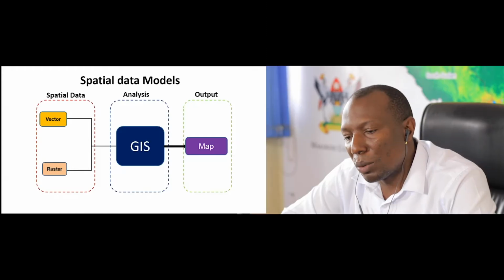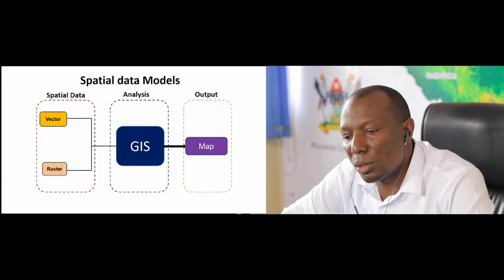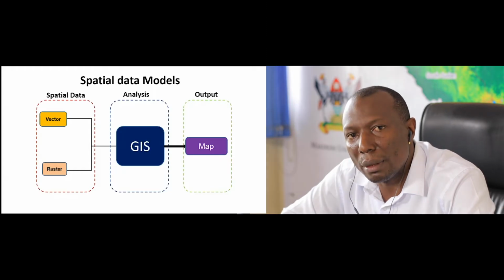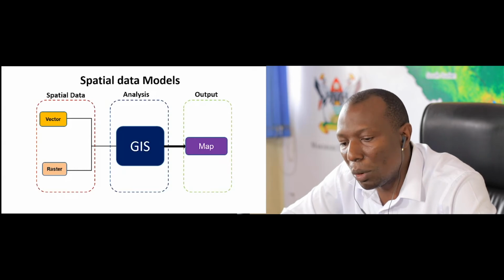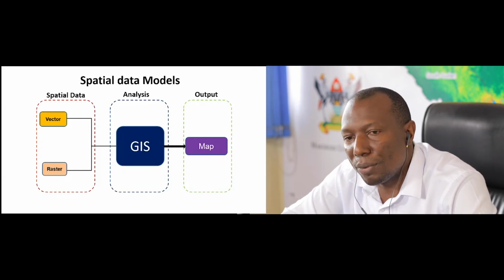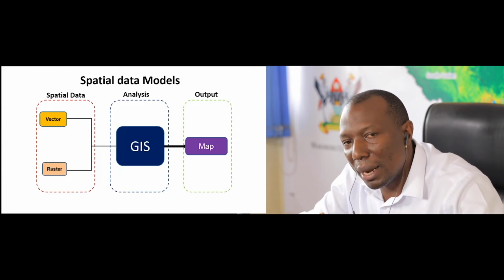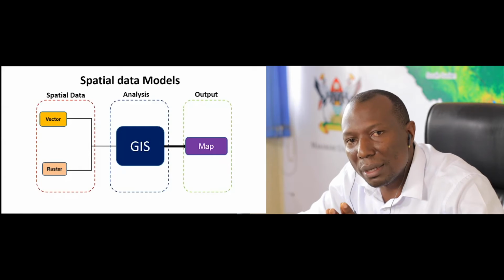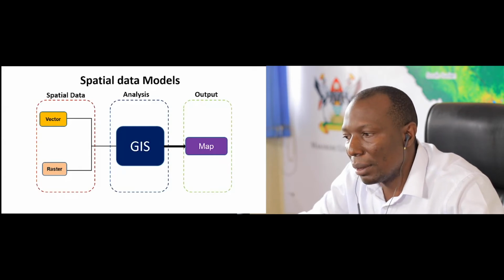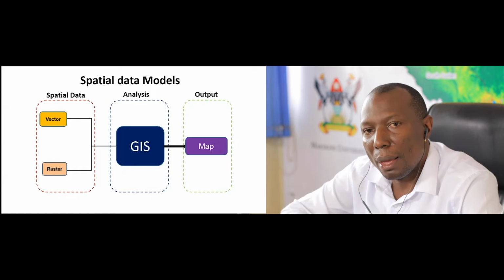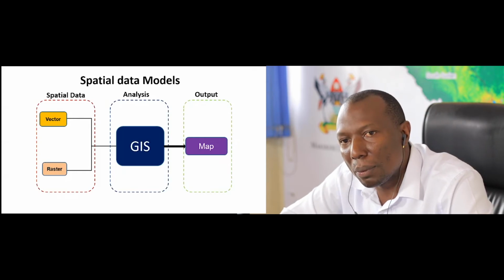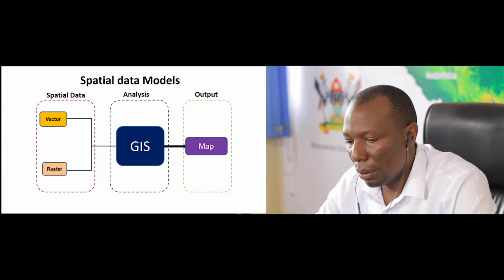The data models that we are very familiar with are the vectors, but in this training we shall demonstrate the fusion between the vector and the raster models. Because if you have the vector and the raster input in GIS, you come up with outputs in a GIS format, and the outputs can be a map or a table.